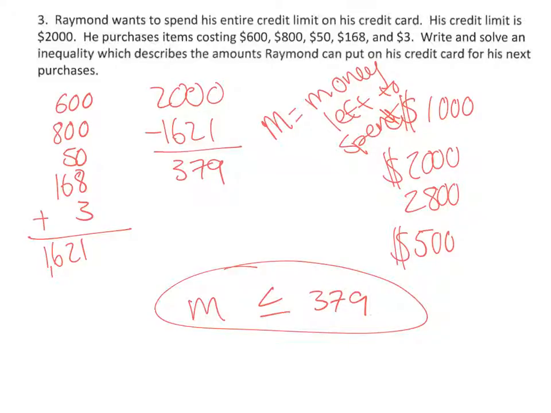So you would add up all his expenses and then subtract. Yeah. So he has a total of $2,000 of credit to use, and he's already used 1,621. So he has $379 left to use of credit.